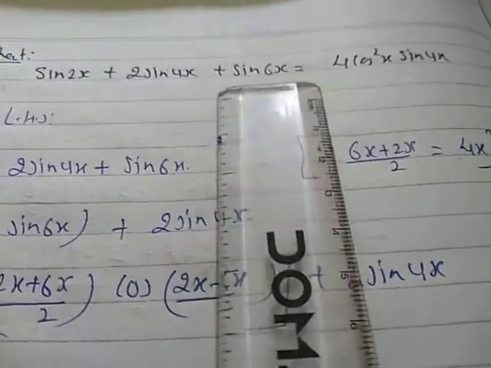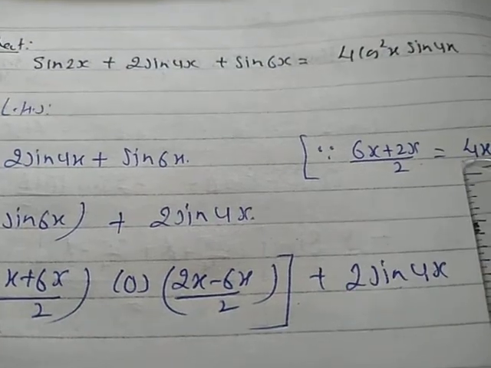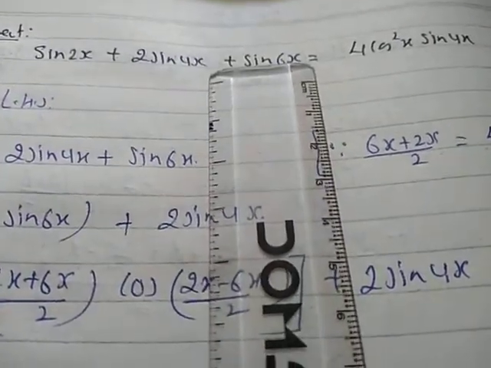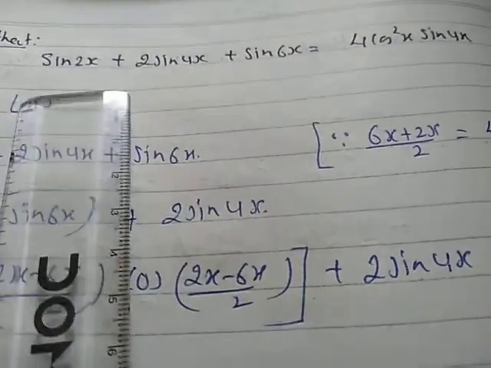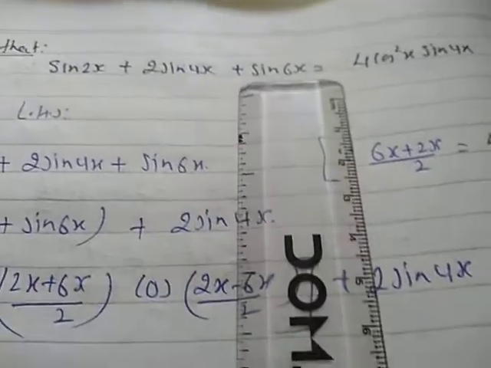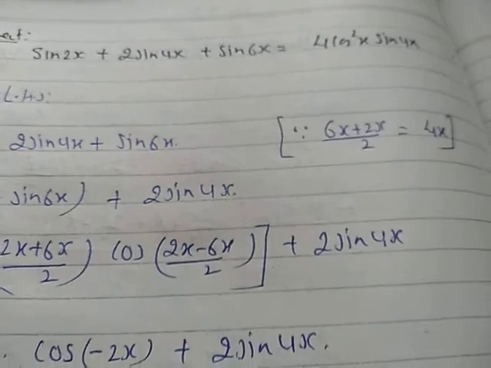Here 6x plus 2x divided by 2 is equal to 4x. So therefore we need to take sin 2x plus sin 6x together first, because then after we can take common.